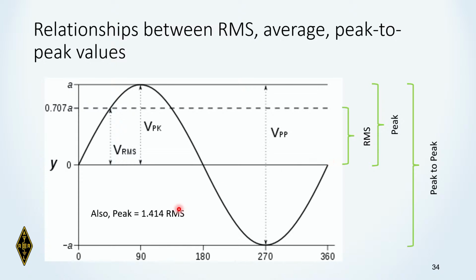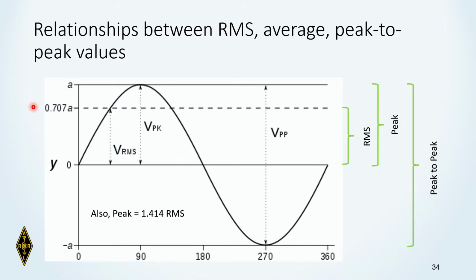And here's another term to be aware of. So peak is also equal to 1.414 RMS. So if somebody gives us the RMS value, in any AC voltage that you're given, you always assume that it's RMS unless it's stated otherwise. So if you're given a value of 10 volts AC, it would be 10 volts RMS.